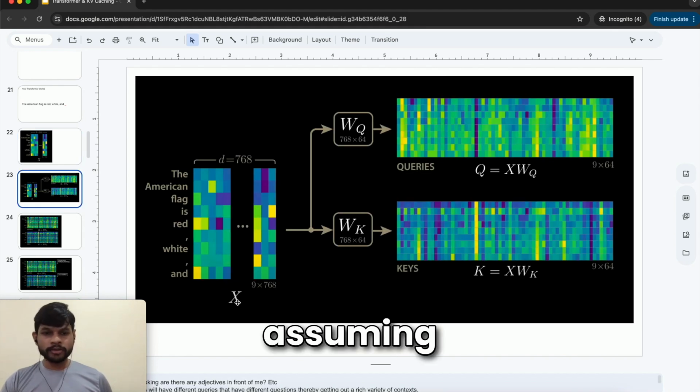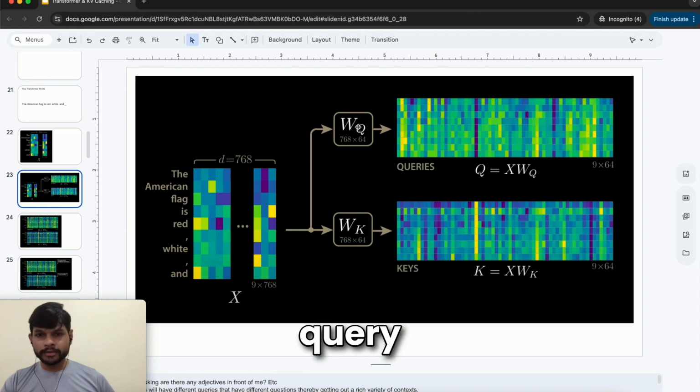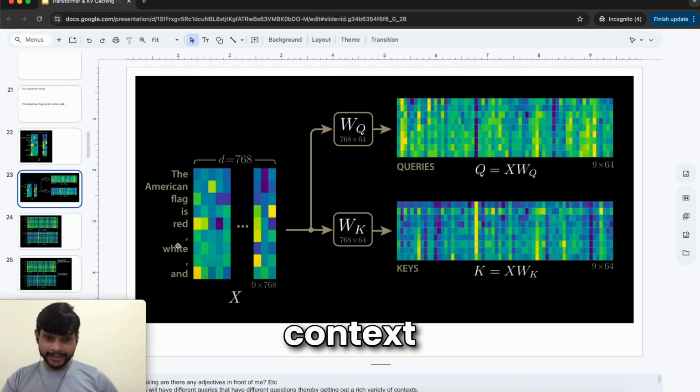And then, assuming we have already taken into account the positional encoding, we multiply these with the query weight matrix and the key weight matrix. So look at the size here. We have this size of 9 because we want to support only 9 words at a time, which means our context length is 9 and our embedding dimension is 768.